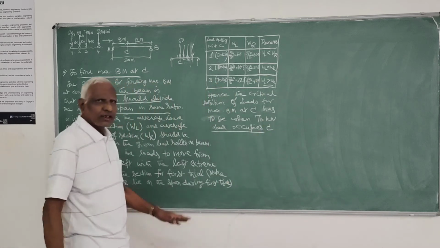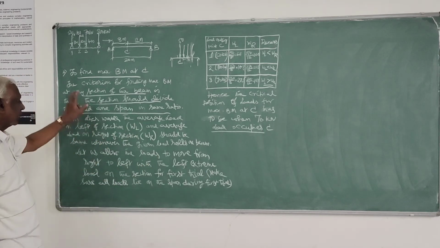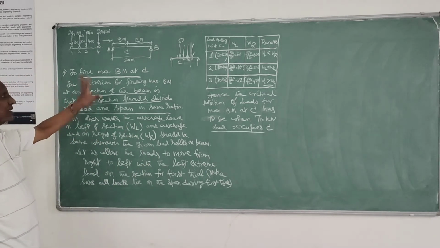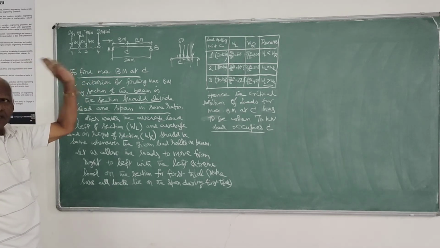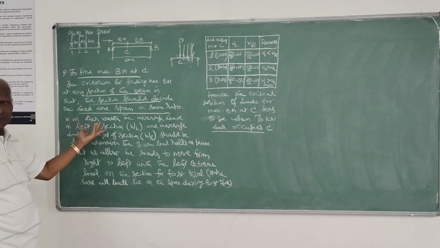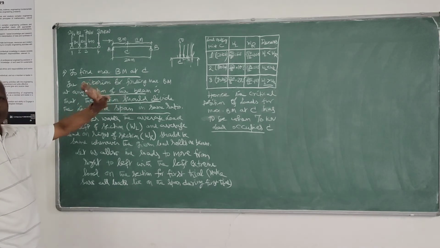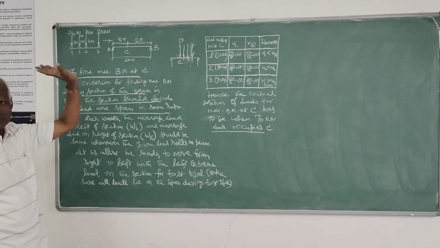First you have to ascertain the position of the load satisfying the criteria. This you have to follow in all the problems for finding the maximum bending moment at any cross section. It's a very simple, straightforward process. This you have to remember and you have to state all those things.